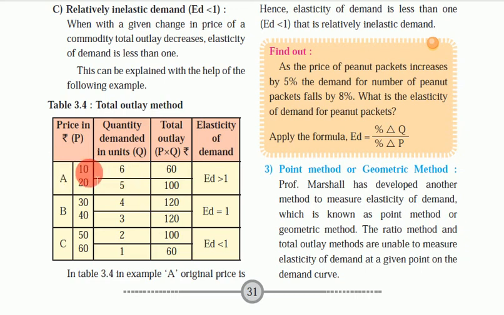First, the original price of product A was 10 and quantity demanded 6. The total expenditure incurred is rupees 60. How is it calculated? By multiplying the price by the quantity. 10 into 6, 60. Now when the price increases from 10 to 20, the demand decreases from 6 to 5.